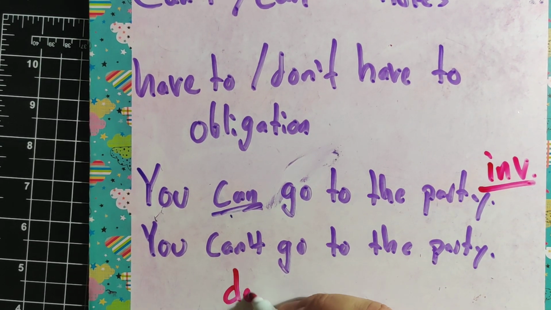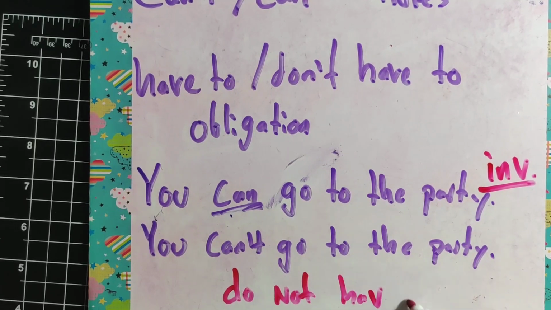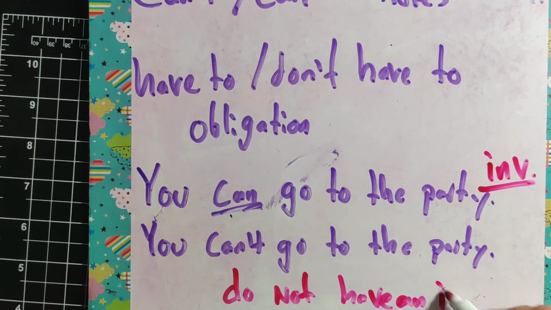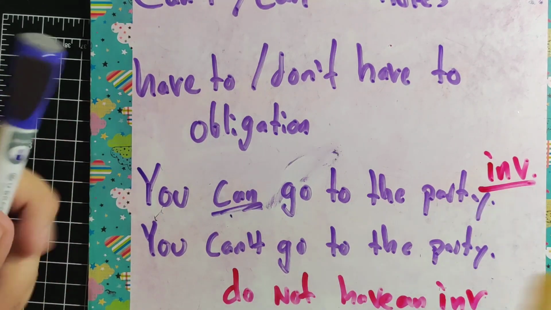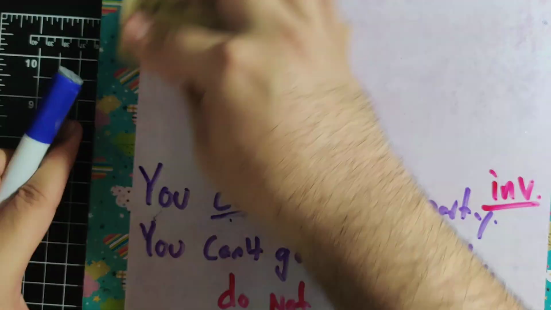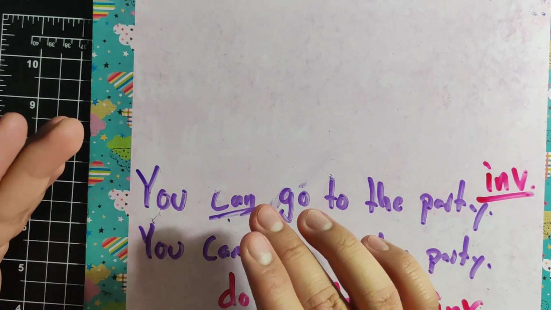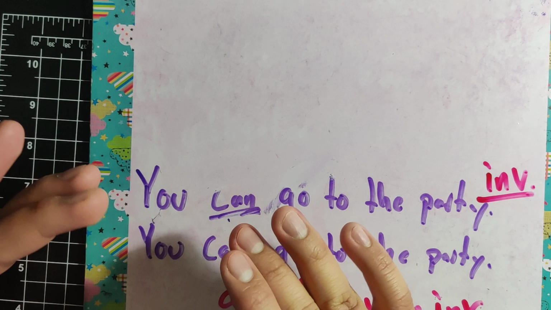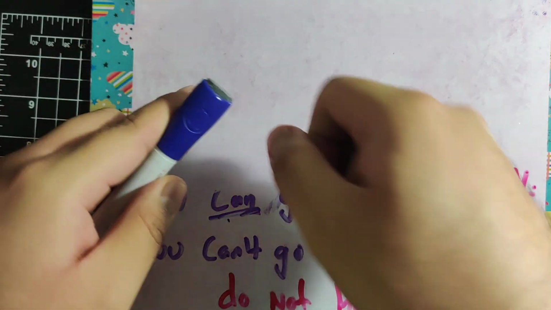You do not have an invitation. You see? So we use can to say what's possible or what you're permitted. Okay? What you're permitted. For example, drinking and driving. Can you do it? No, you can't. You can't drink and drive.